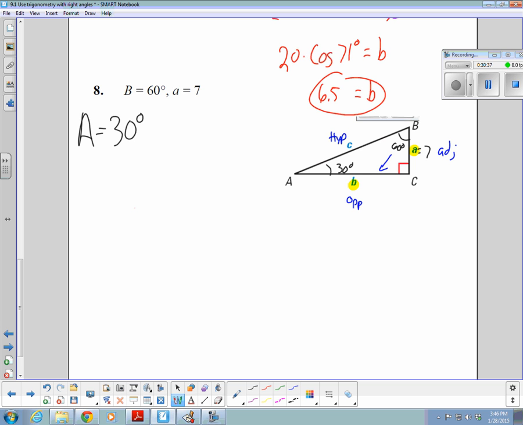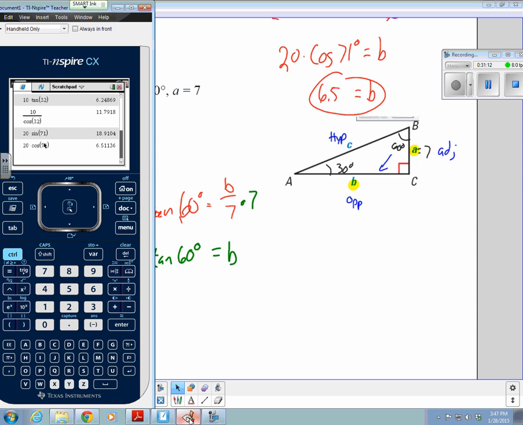So tangent of my angle, which is 60 degrees, is equal to B divided by 7. Opposite over adjacent, that's what tangent says. To get B by itself, pretty easy, just multiply by 7 on both sides. So you're going to get B is equal to 7 times the tangent of 60 degrees. I'll just type that in the calculator. 7 times tangent of 60 degrees.